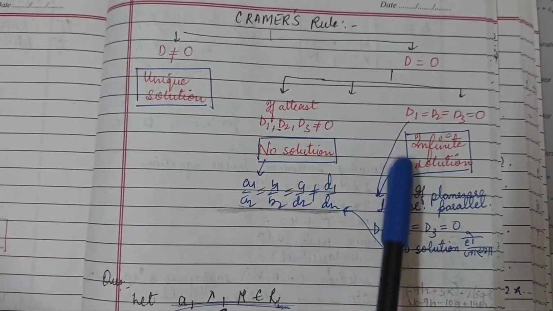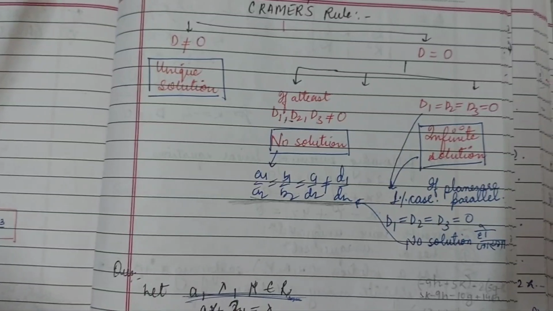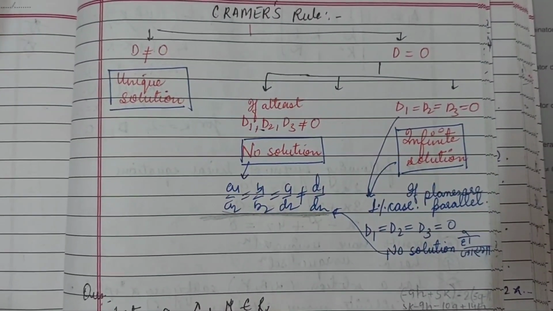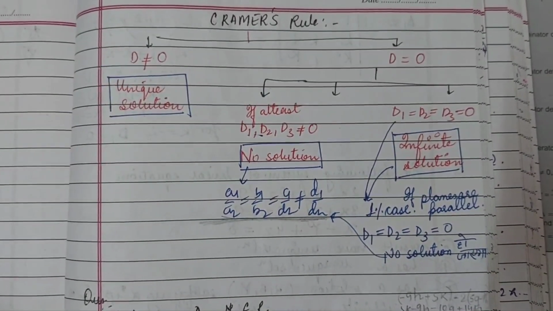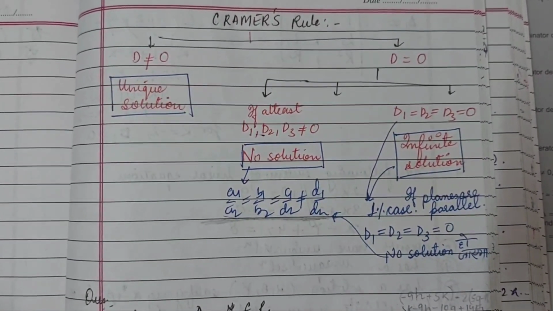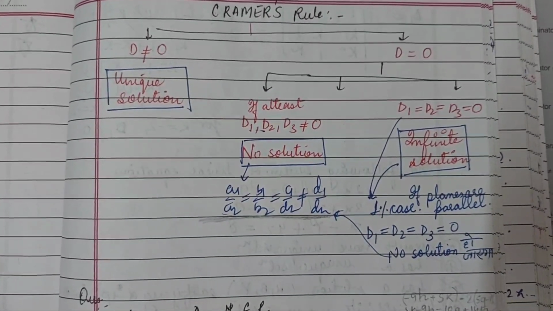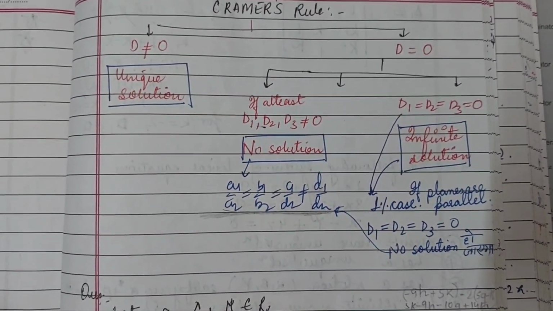If you are asked to prove that planes are parallel, then you can use this: d is equal to 0, then you find d1, d2, d3, and if these are also equal to 0, that is the way you prove that this is parallel.